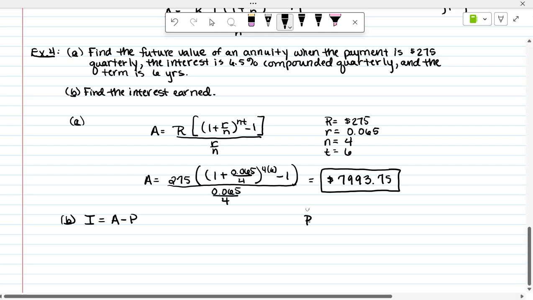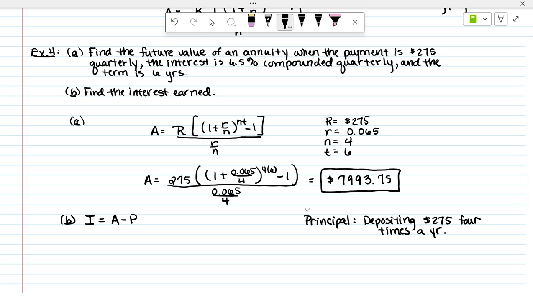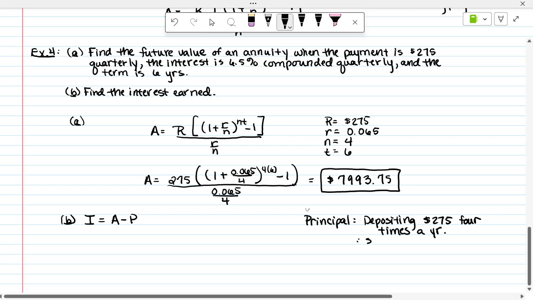Okay, guys? So, here's what we know. When we're talking about the principal that we deposited here, I'm depositing $275 4 times a year. Well, how much is that in 1 year? In 1 year, 275 times 4 gives me $1,100 for the year.